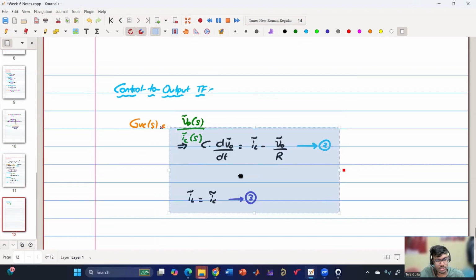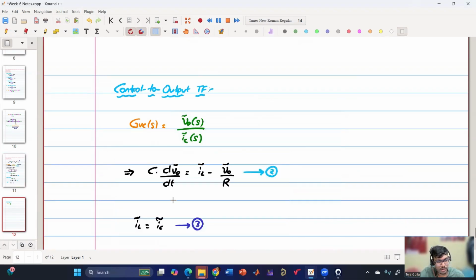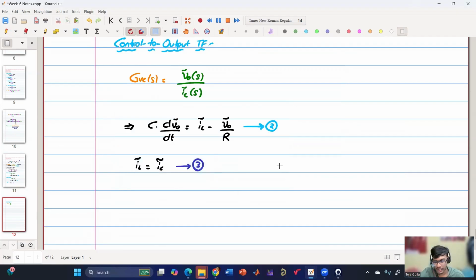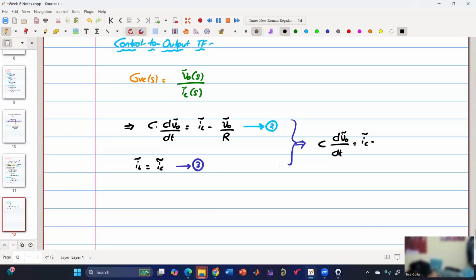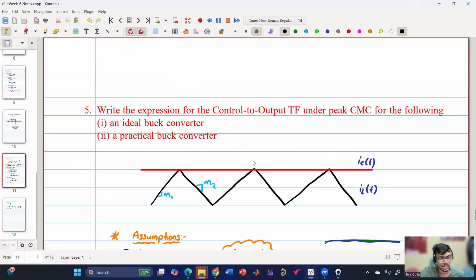So from these two equations, I can get a single equation that says C into dV naught tilde by dt is equal to IC tilde minus V naught tilde by R. So in the case of buck converter, things will become simpler because I directly have an equation which is dependent on this V naught and IC, and it is obtained from equation 2 and 3, and equation 1 will become redundant.